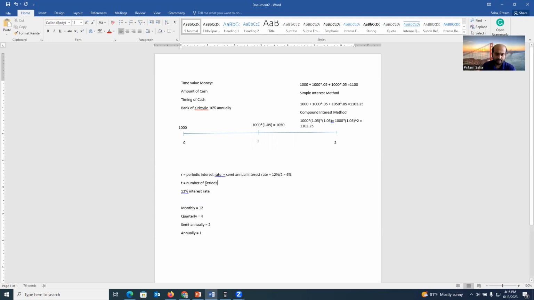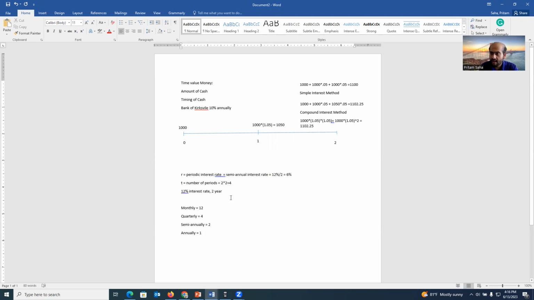Let's say you want to make the investment for 2 years, and we are in a semi-annual mode, okay? 2 years times semi-annual, 2, equals 4 times interest is going to be added. So total number of periods is 4.